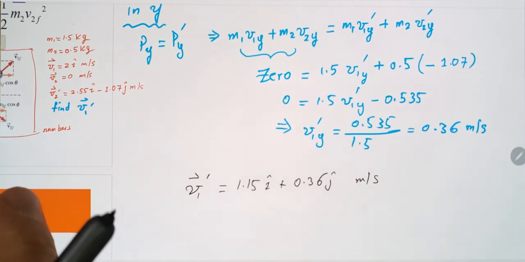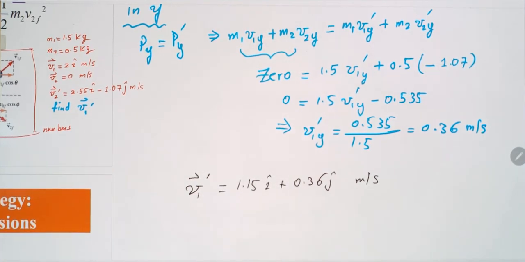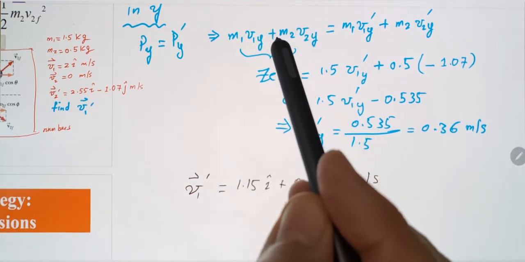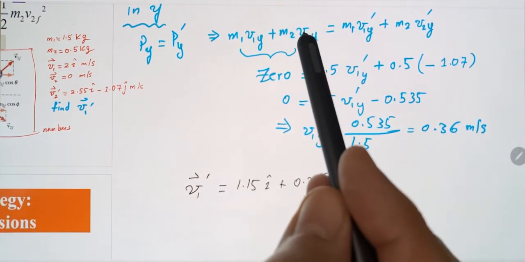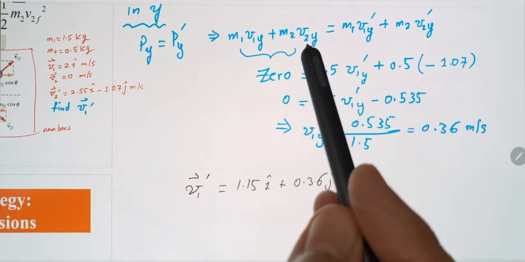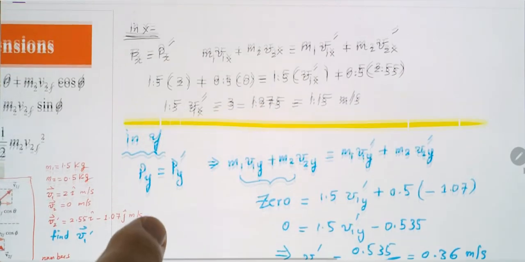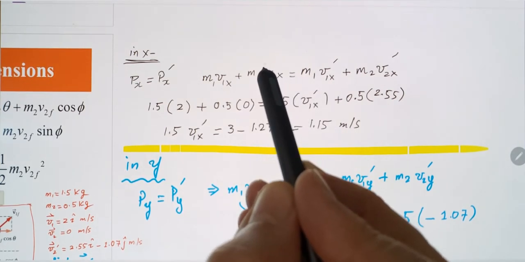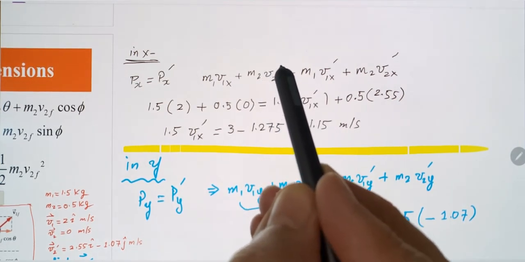Any question? Yeah, if V2 changes, then the momentum here, you will have a component. You'll have a component here, V2y, you have a component. And if it changes in the x-axis, you'll have here a component for V2.